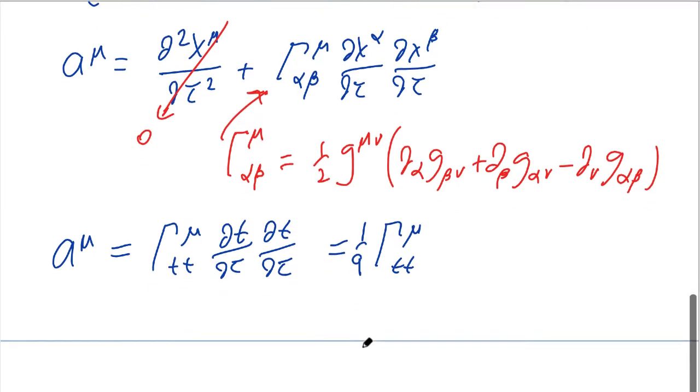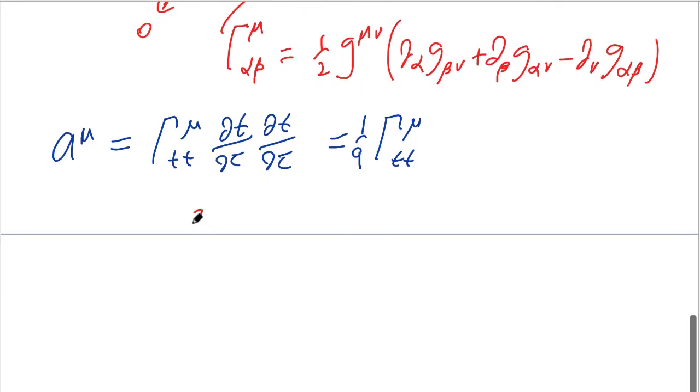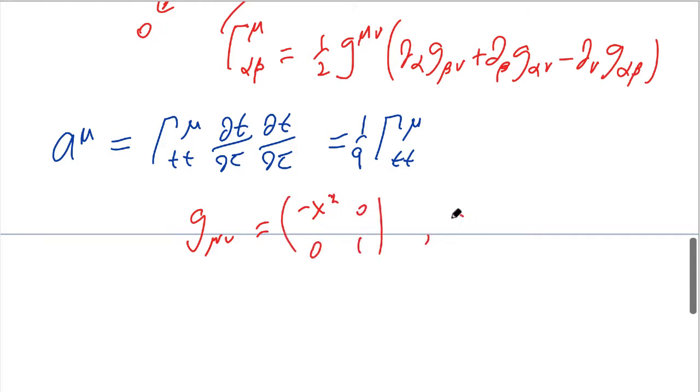All right, so we really only need these Christoffel symbols. So to compute these, we're going to need the metric and the inverse metric. Let's remind ourselves the metric is minus x squared 0, 0, 1. And the inverse metric, then it's easy, it's just the inverse of these diagonal entries, minus 1 over x squared 0, 0, 1.